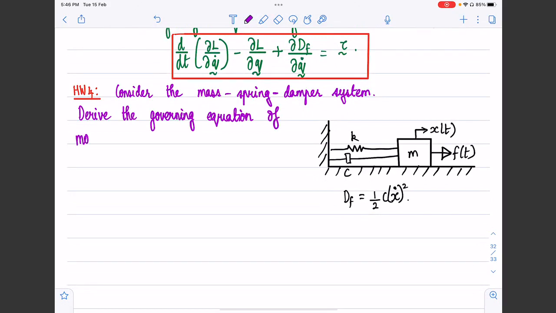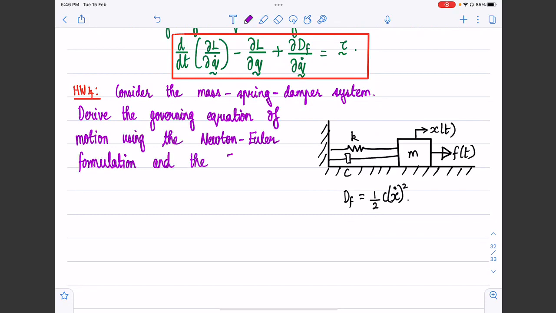It's a very simple exercise, but I want you to do it: using the Newton-Euler formulation and the Euler-Lagrange formulation. Please do this as part of homework number 4.